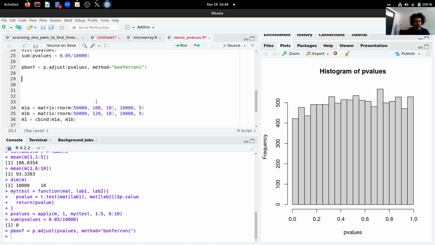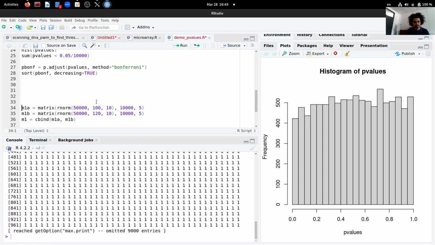So let's see what is the smallest one. Decreasing equals true will give us the smallest p-value at the end. Okay, we cannot get all of them.